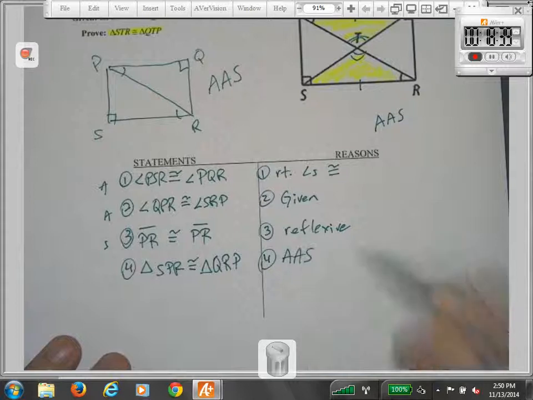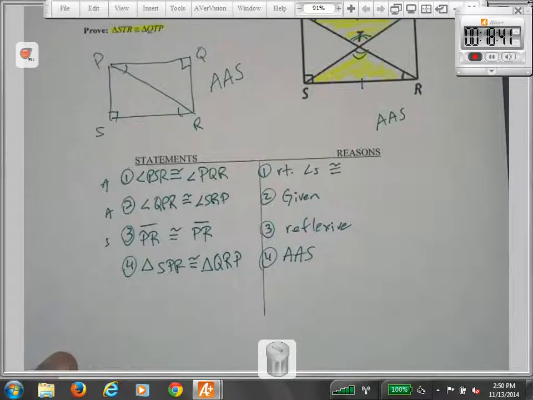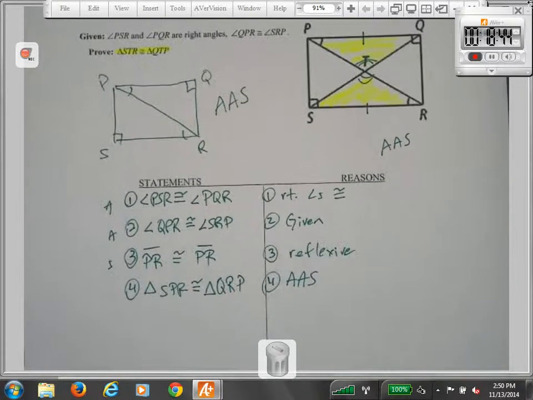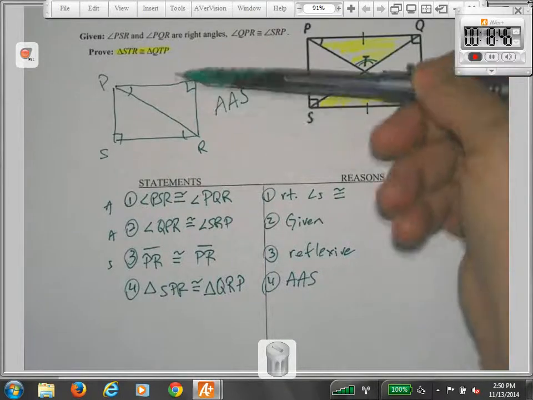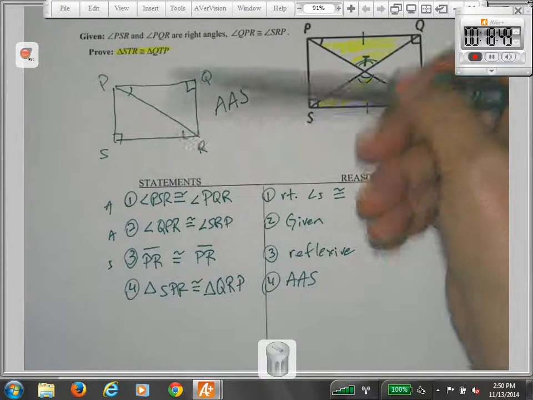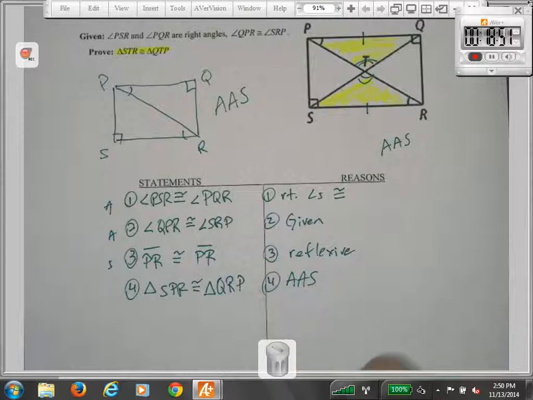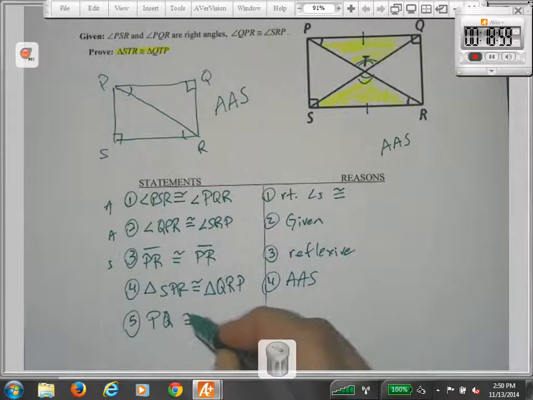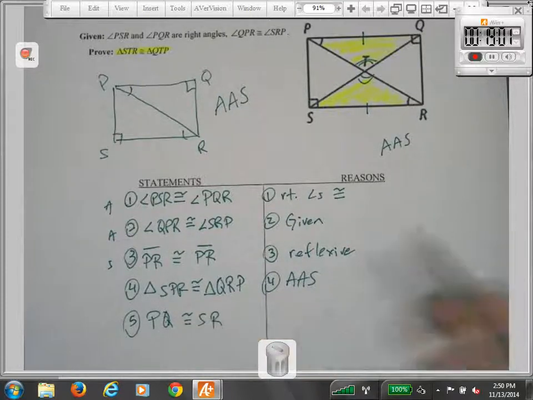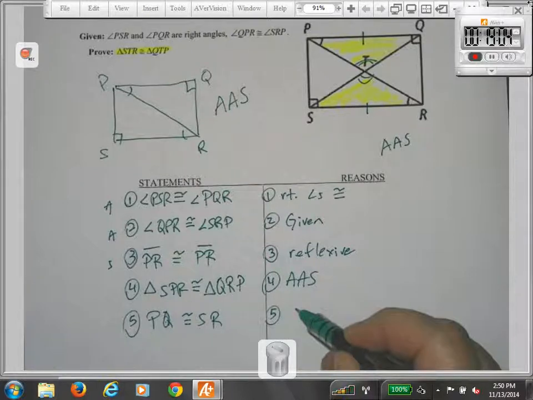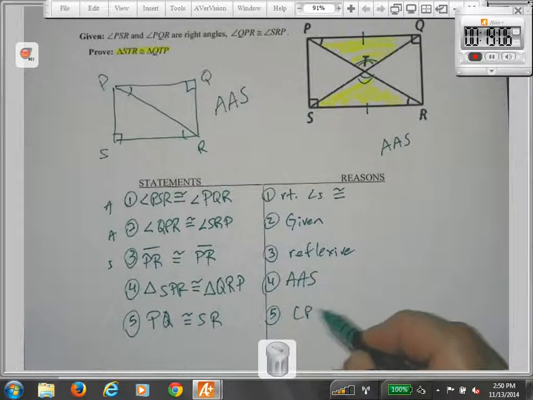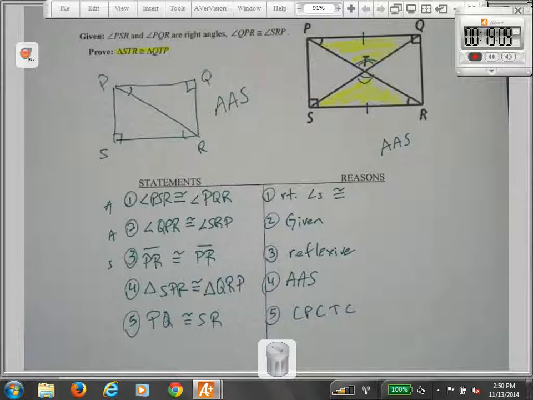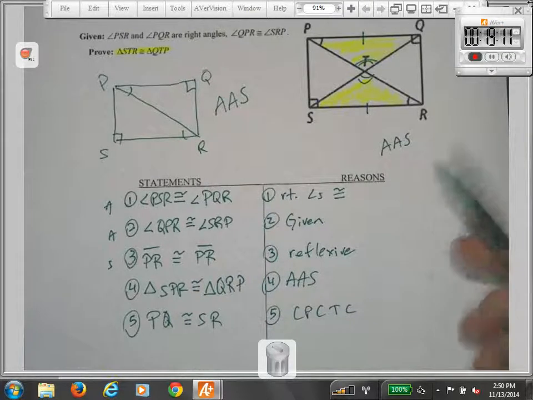Now, remember our goal here in proving this was to actually prove that these two sides are congruent. So PQ is congruent to SR by what? CPCTC. All right, and this is actually going to be the side for this pair of triangles. So we actually are already moved into the second set.